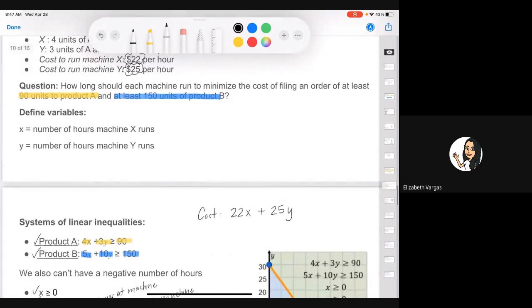Okay, so I'm just going to go ahead and list what our steps are. So the first thing, we want to read the problem, right? We want to identify the constraints. And write them as linear inequalities.